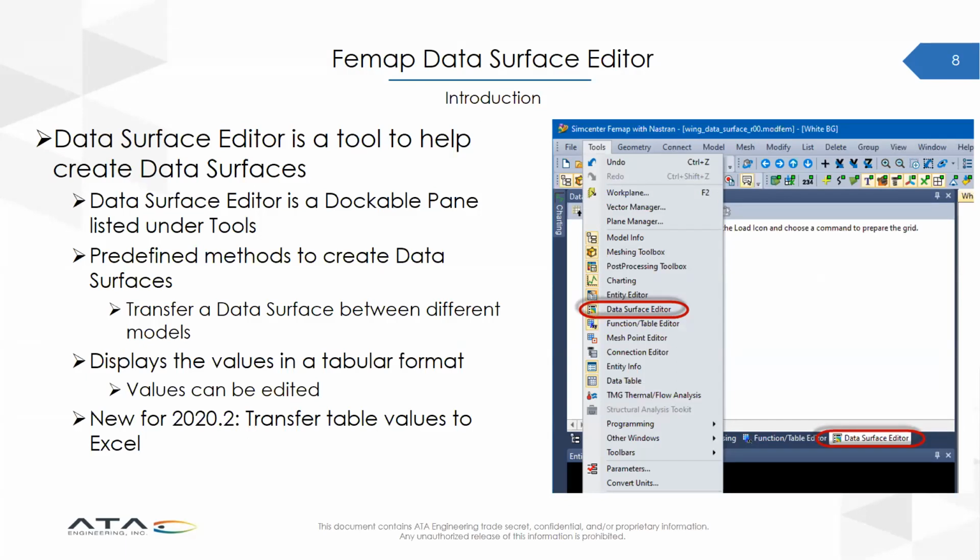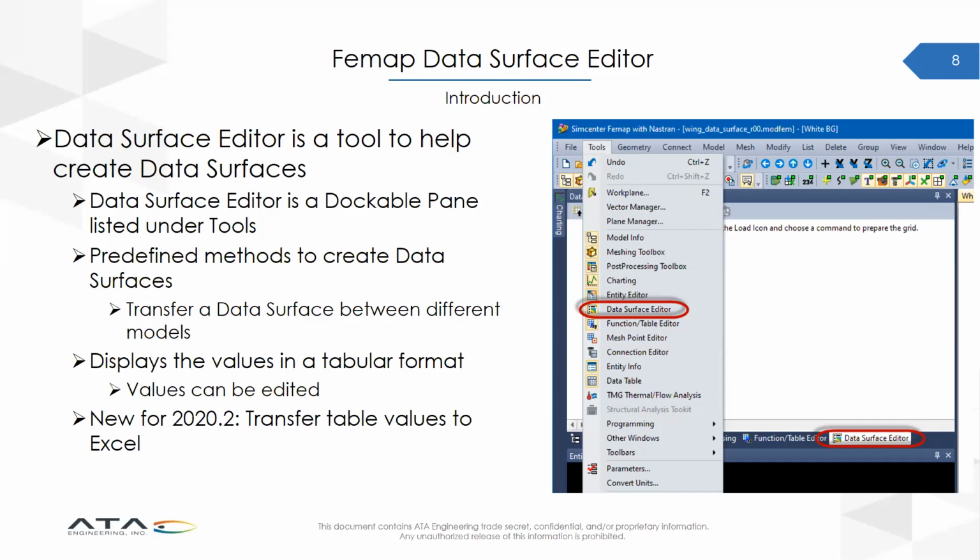The actual data surface, since it's really just a table, is listed in a tabular format, and those values can be edited directly in the data surface editor. I will show you how to do that. In addition, we'll see how to use Femap functions to help you populate a table quickly. Jonathan mentioned that Femap 2020.1 is out. I'm using 2020.2 for this demonstration.